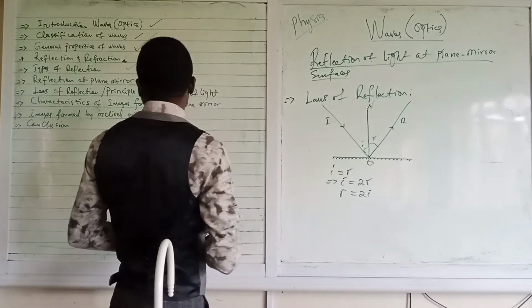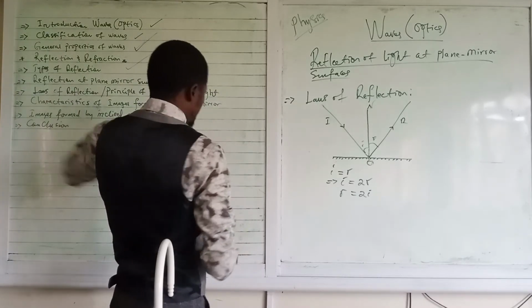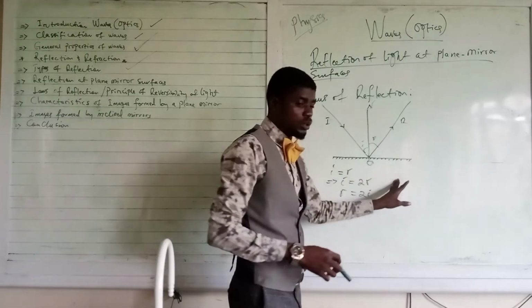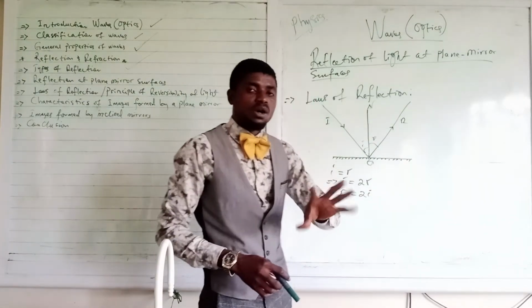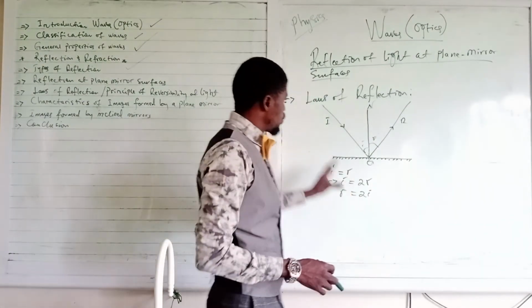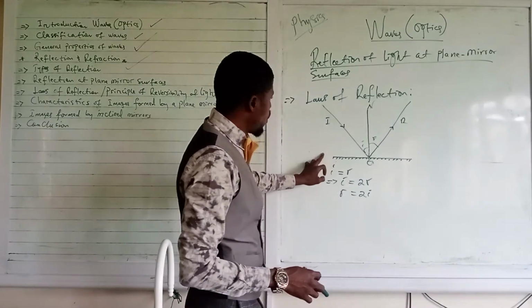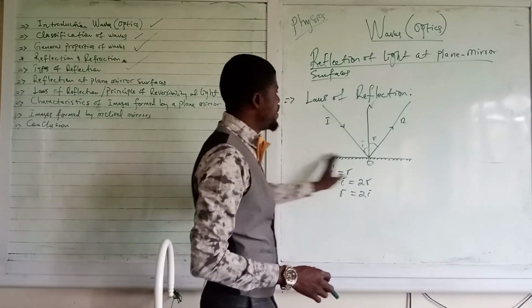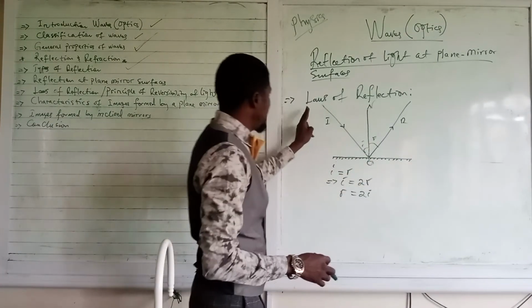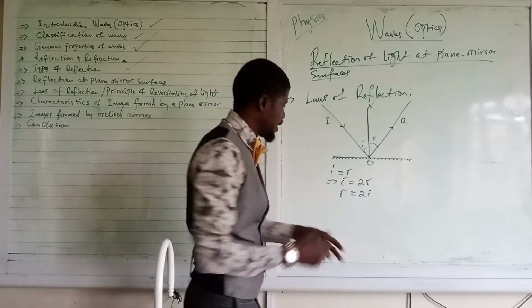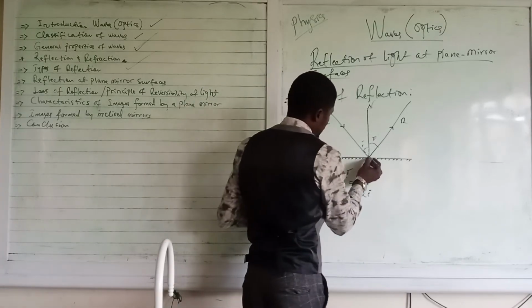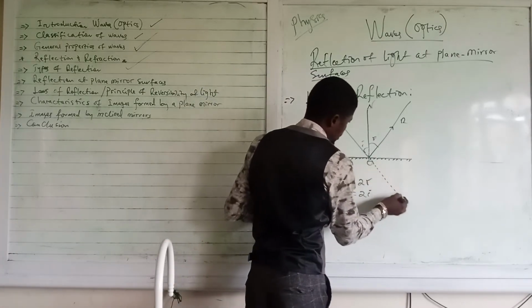We want to quickly look at something under this law called the angle of deviation. Supposedly, if there is no plane mirror here, as the ray of light is traveling down here, the ray is supposed to travel straight down this way.